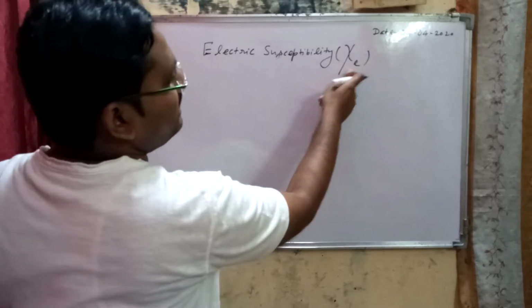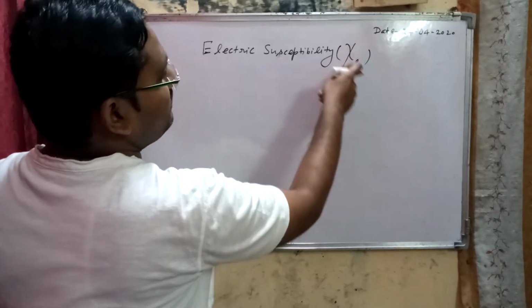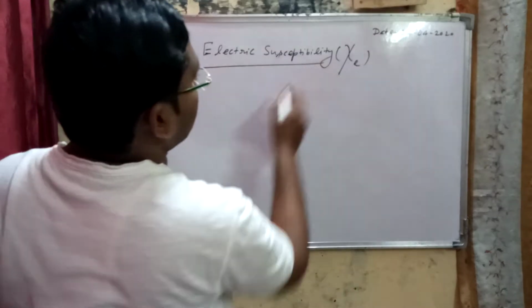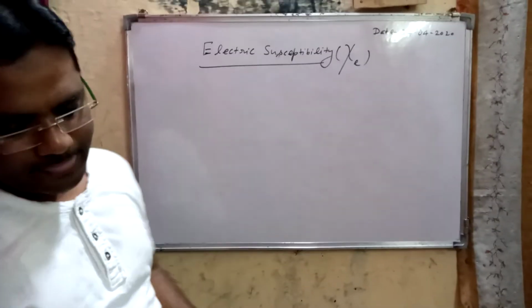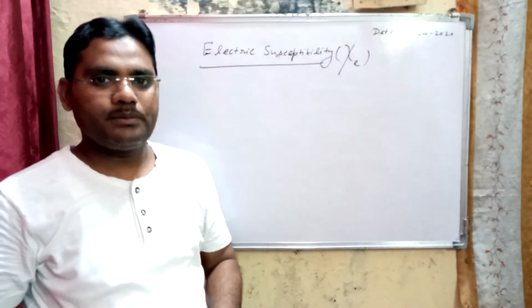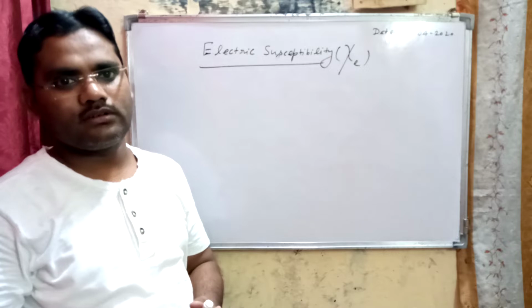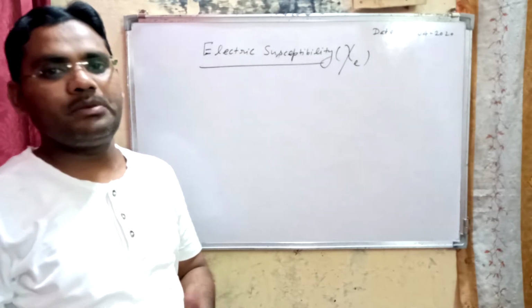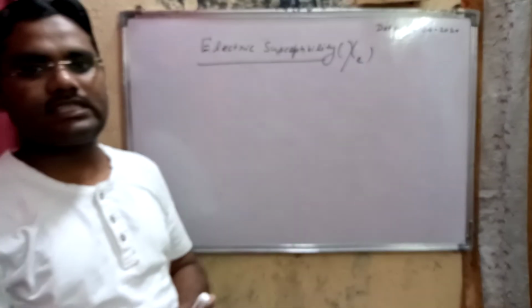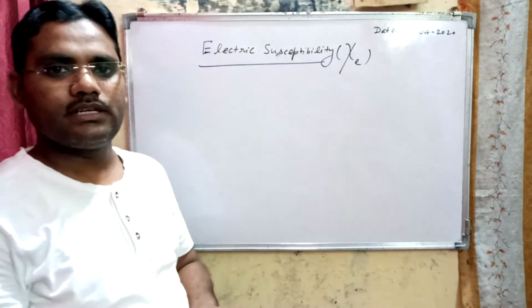This symbol is chi with subscript e, that means electric. This one is the symbol of electric susceptibility. The electric susceptibility of a dielectric is the measurement of the polarizability of a dielectric substance when it is placed in an external field.